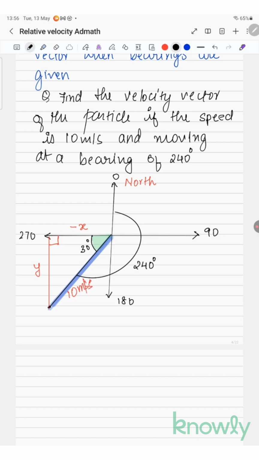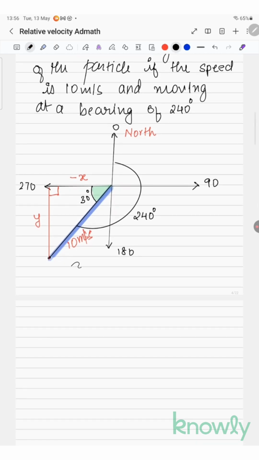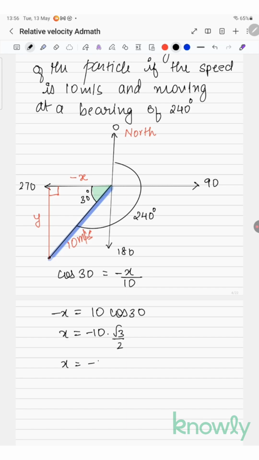Okay, so now I will use SOHCAHTOA. So can I say cos 30 equals minus x over hypotenuse, which is 10. So minus x equals 10 cos 30. So x equals minus 10 times root 3 by 2. So x equals minus 5 square root of 3.